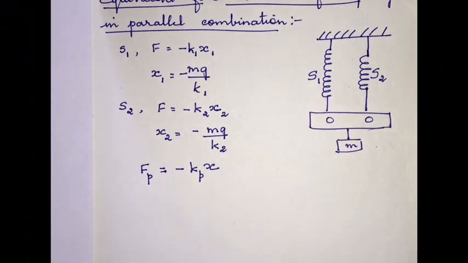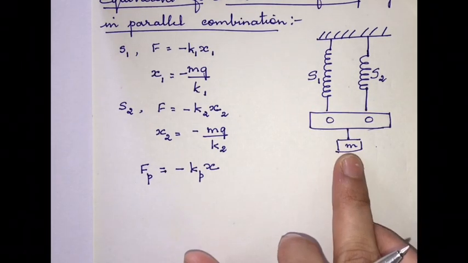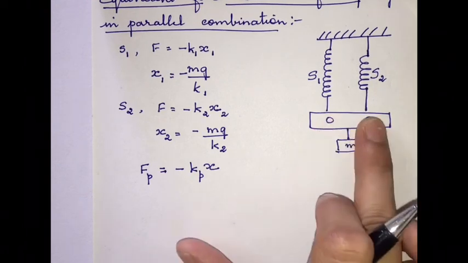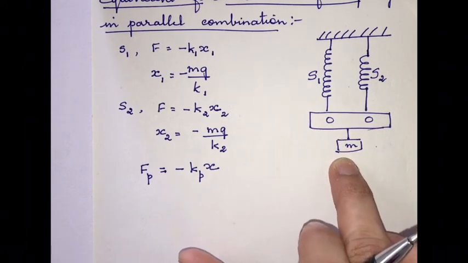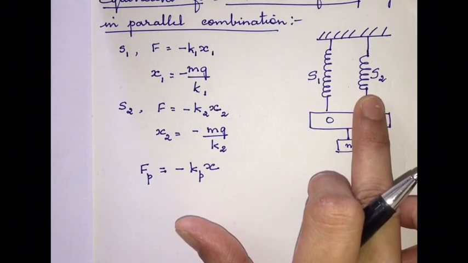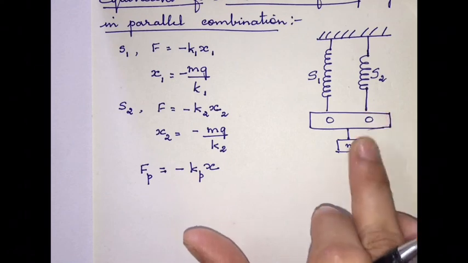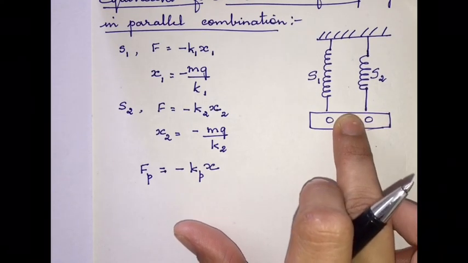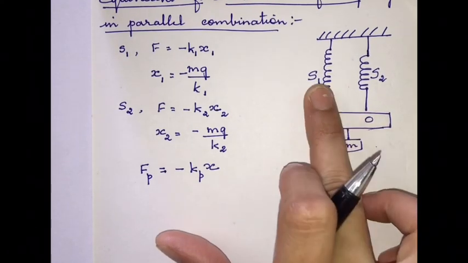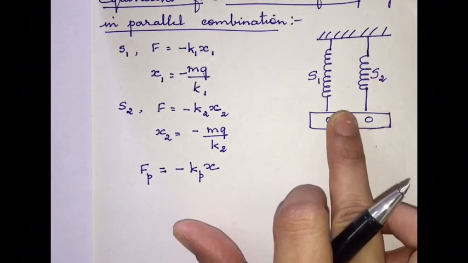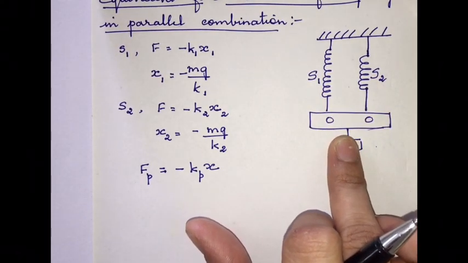The restoring force Fp is actually shared by the two springs because each one has a different stiffness, and since the mass m is attached to a free support, each one gets pulled by the same amount. So the extension will be the same, and the total restoring force produced when the two springs are put in parallel is shared by the two springs, but they extend by the same amount.